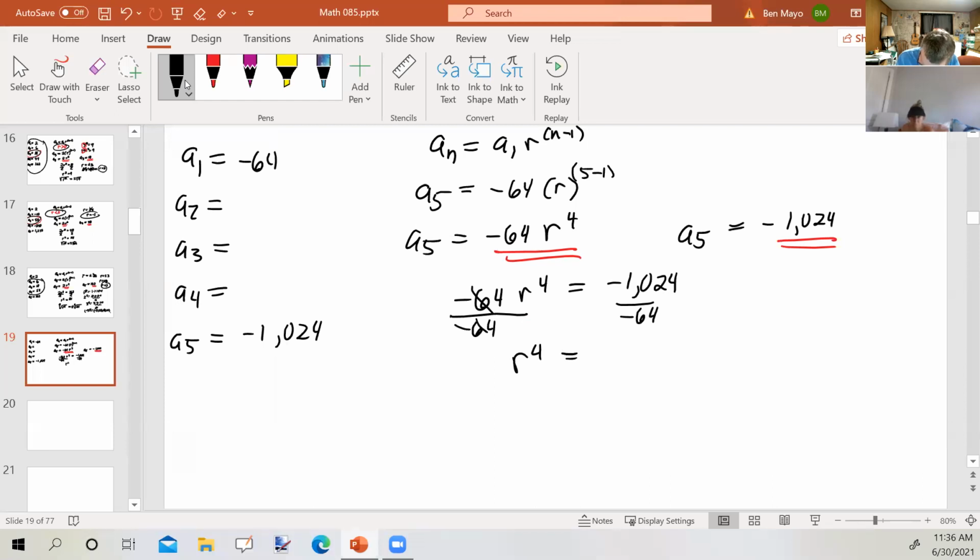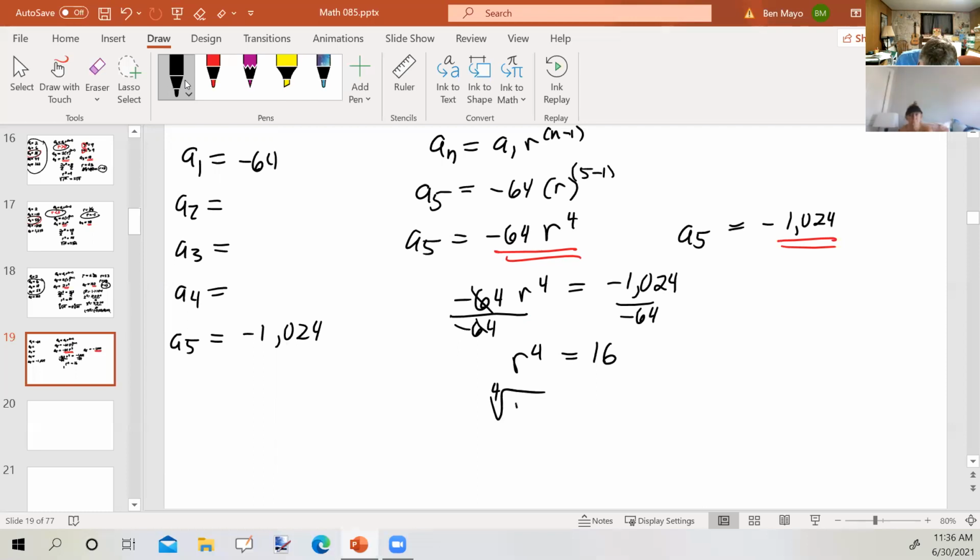So r to the fourth power equals, let's see here. Okay. Negative divided by negative is positive, and 1024 divided by 64 is 16. So r to the fourth equals 16.